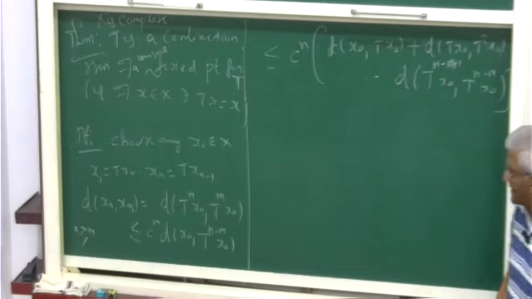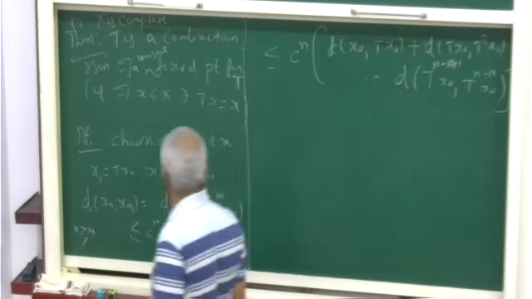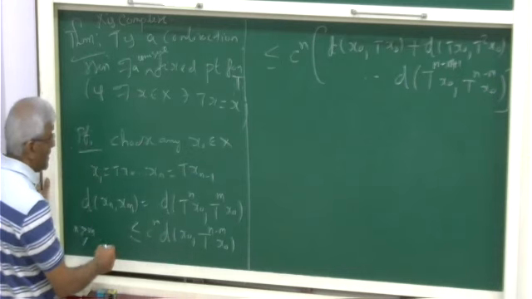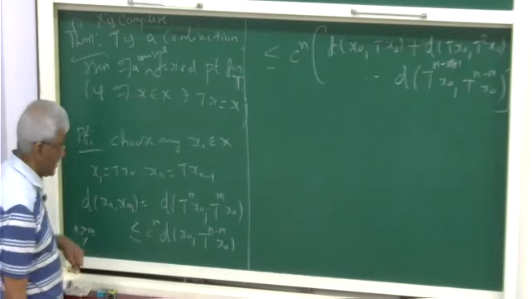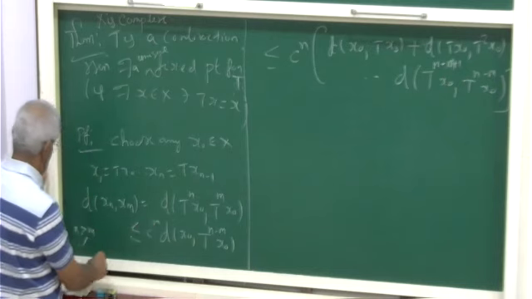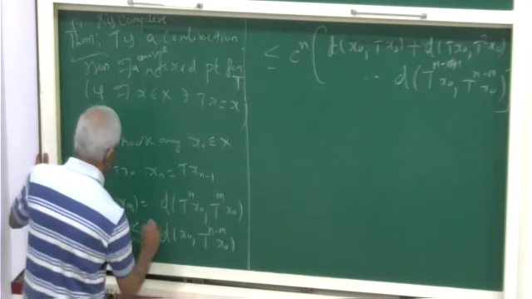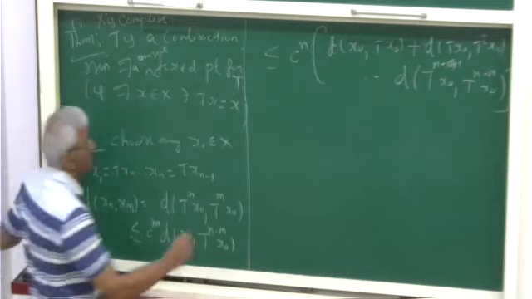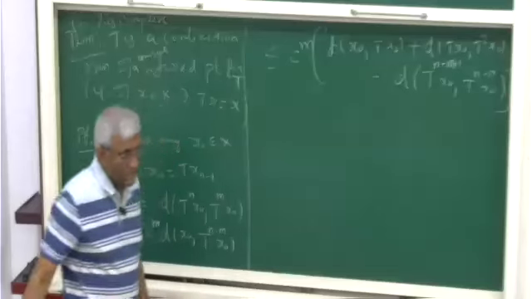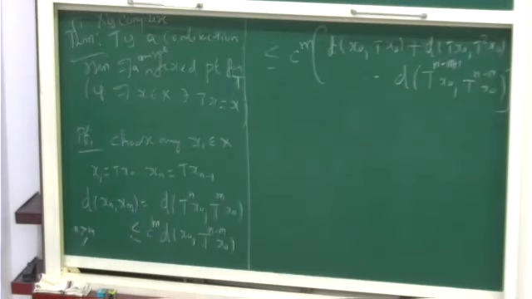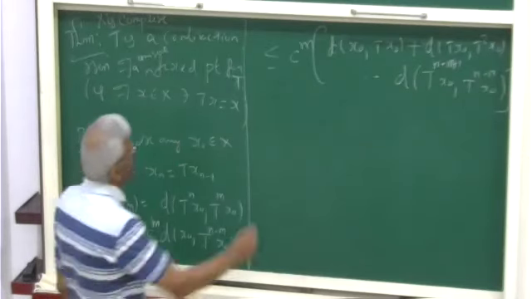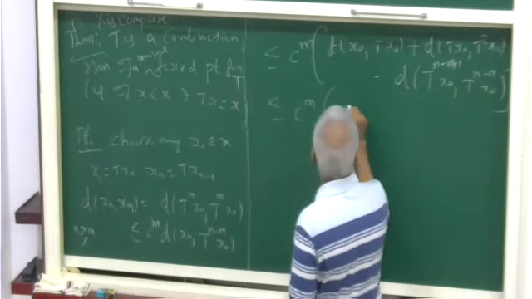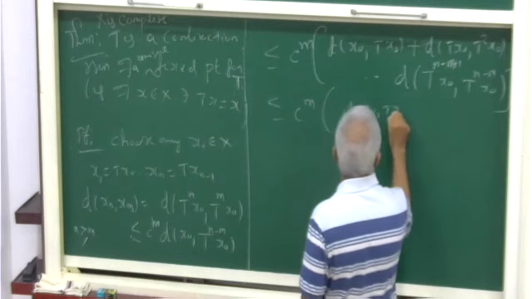I have taken c power m, since n is greater than m, the smaller one I have to take. So this is m, correct. Now you use the inequality again, c power m. Then this is just d of x naught, T x naught.